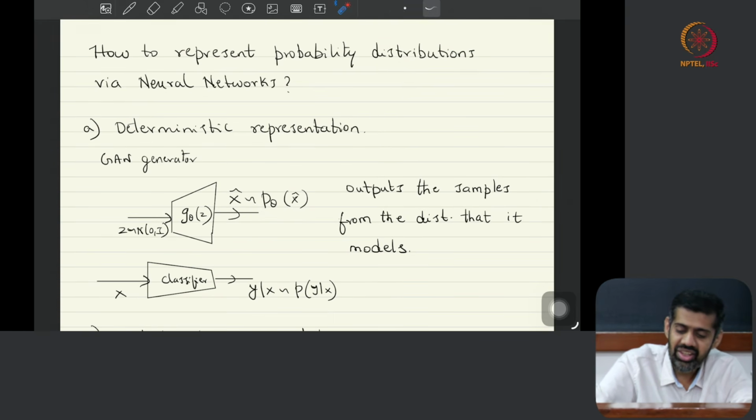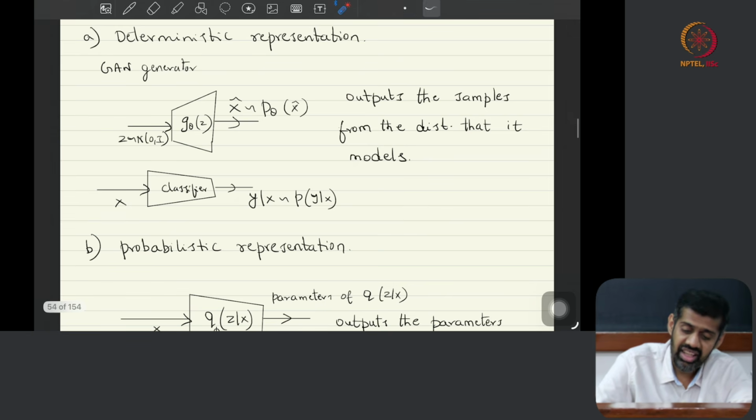So, one I call the deterministic representation, where neural networks give you samples from the distribution that they are trying to represent. An example is the sampler in a GAN. The so called generator network in a GAN is not explicitly giving you the distribution function, but rather samples from the distribution that it is trying to represent, which in that case is p theta of x, right.